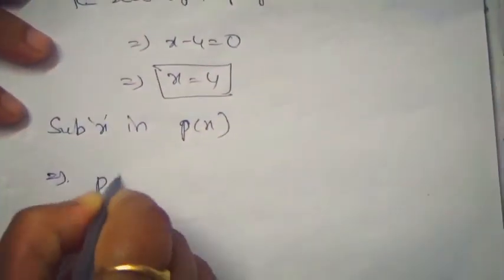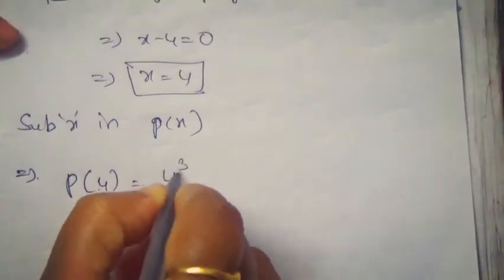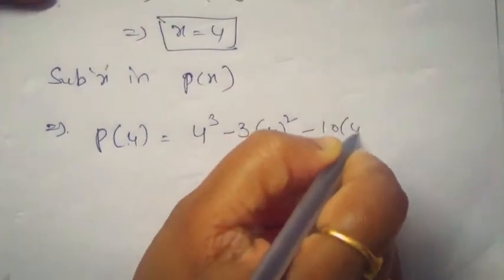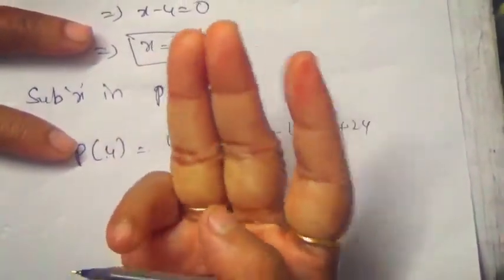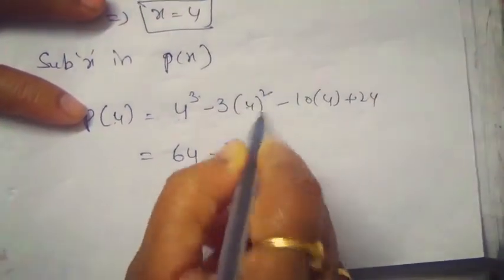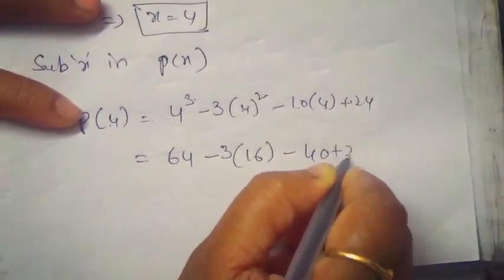That implies p of 4 is equal to 4 cube minus 3 of 4 square minus 10 of 4 plus 24. That implies 4 cube means 4 has to be multiplied 3 times: 4 fours are 16, 16 fours are 64, minus 3 of 4 square means 16, minus 10 fours are 40, plus 24.